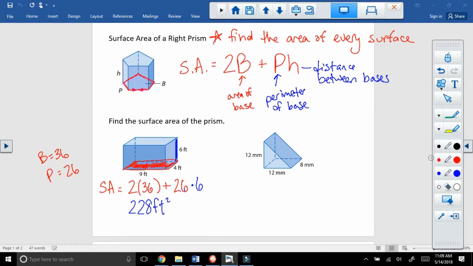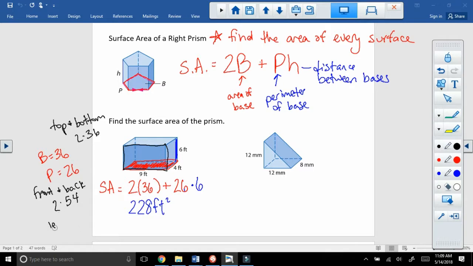If you would like to do those parts separately, you could. If you want to find the area of the top and bottom, well, that would be the 9 by 4, so that's 36, and you just double it. If you want to do front and back, the front and the back dimensions would be the 9 by 6, so that's 54, and you double that.